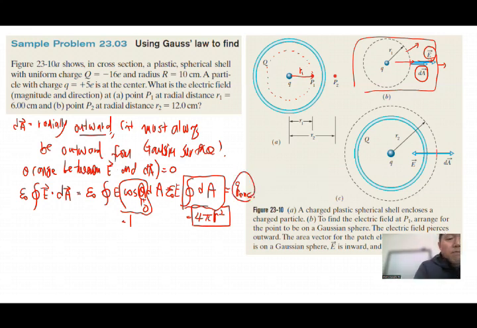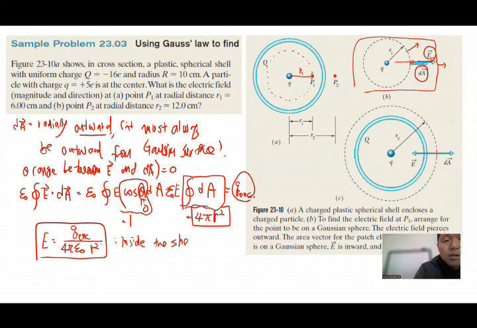From that, the electric field is q, the point charge, divided by 4 pi epsilon naught r squared. That is the electric field inside the shell.